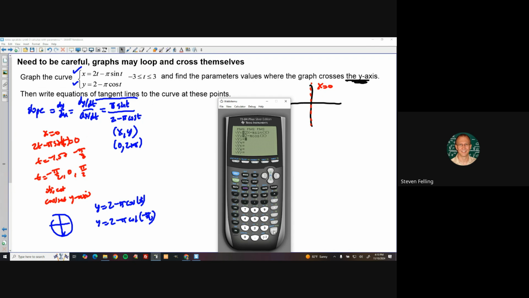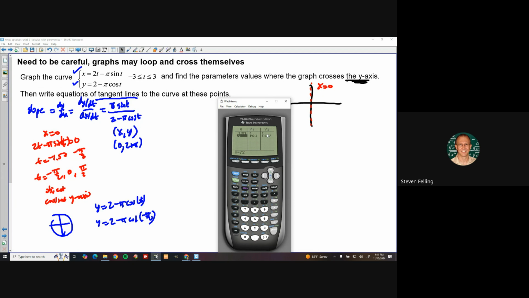And so now if I go to the table here, I could enter negative pi divided by 2 as the t value, and this y1 is actually the x coordinate and the y2 is the y. So that is 0, 2, okay?